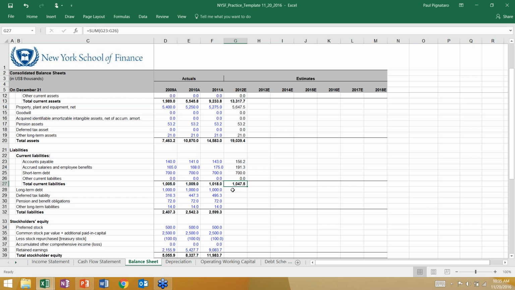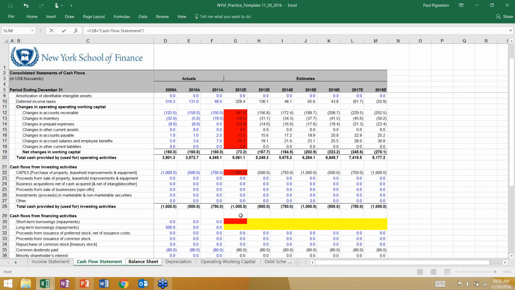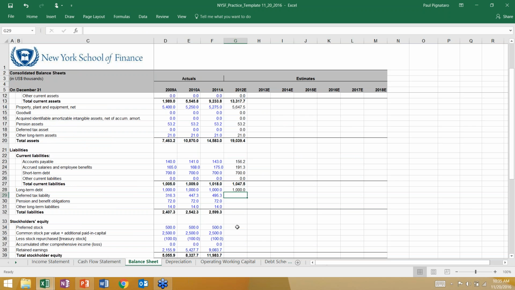Long-term debt, let's continue. Changes in long-term debt. This equals the line item from the year before plus cash flow statement, changes in long-term debt. Deferred tax liability, Gurpreet had this question, equals line item from the year before plus deferred taxes.